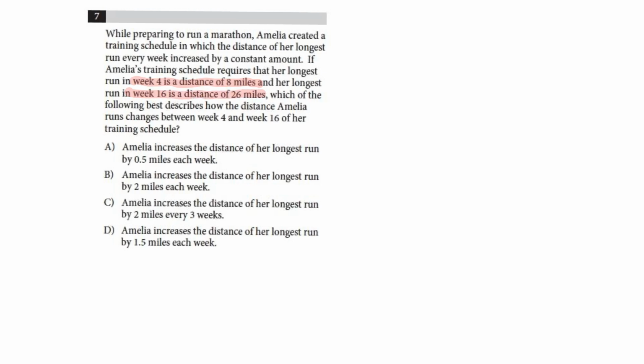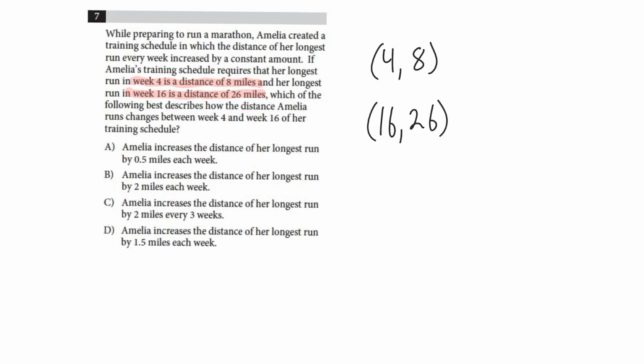Those are kind of like coordinate points, data points that go together. So we know week 4 is kind of our independent variable. Week 4 goes with 8 miles. It's a coordinate pair. Week 16 goes with 26 miles.